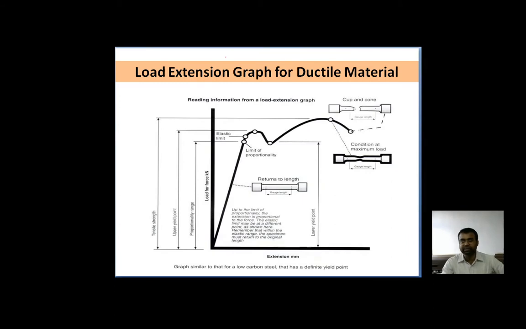And that's the thing we finally get after breaking of the material. This is the breaking point, and that is how the necking is shown. And this is the initial phase, machine, workpiece. So these are the things that are maintained here.